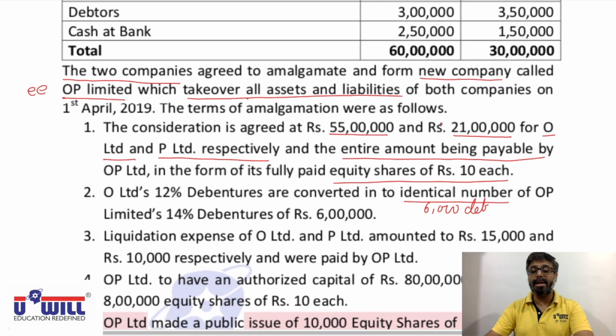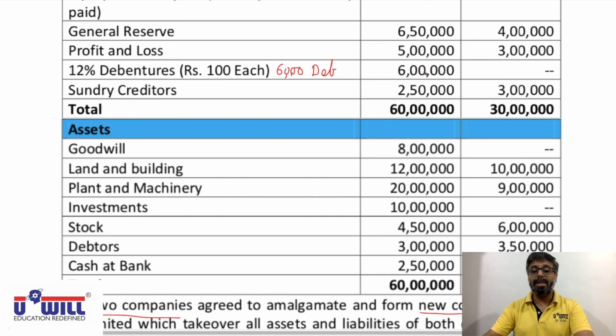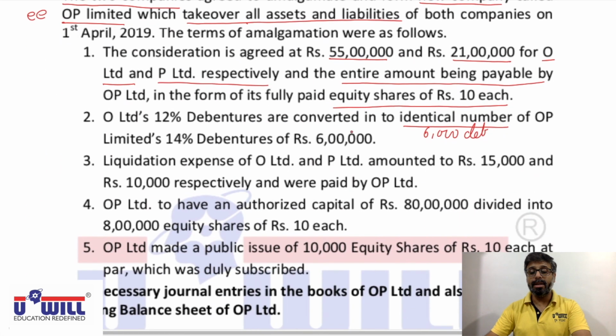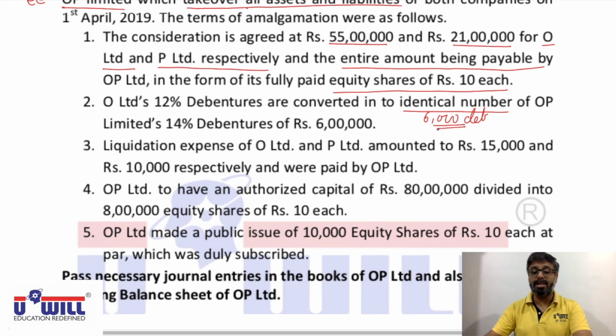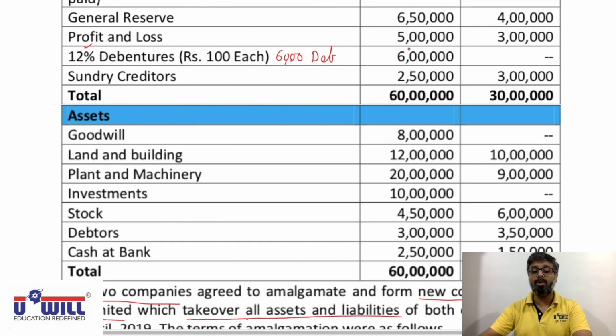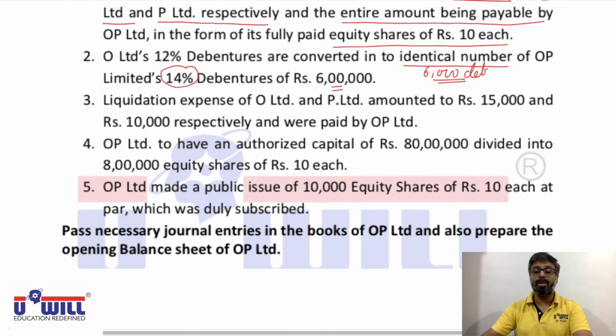I repeat, identical number means same number. Presently 6 lakhs divided by 100, there are 6,000 debentures, but they are earning 12% interest. In the new company also they'll get 6,000 debentures only, but earning 14% interest, at the same value of 6 lakhs. Presently also the book value is 6 lakhs. The new company also will give them debentures of 6 lakhs only, the same quantity of 6,000 debentures. However, the rate of interest will be increased to 14% from 12%.